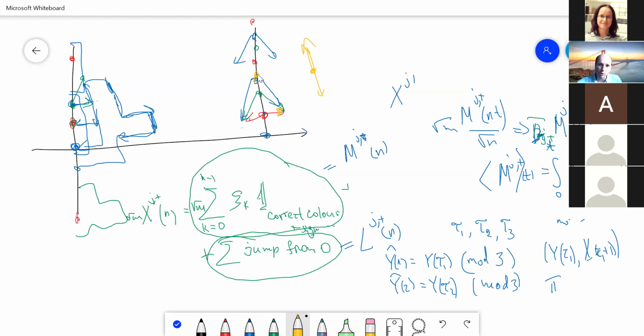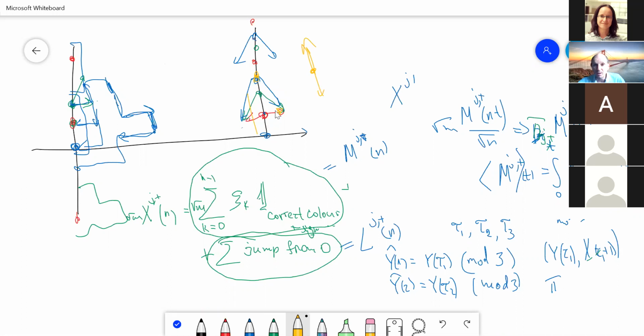You know approximately the number of visits to this membrane, and you know approximately the proportion of colors, red, green, or blue, and you know that the number of visits to different colors is proportional to the local time of the horizontal coordinate. So the answer will be the local time of the horizontal coordinate times some correction term.